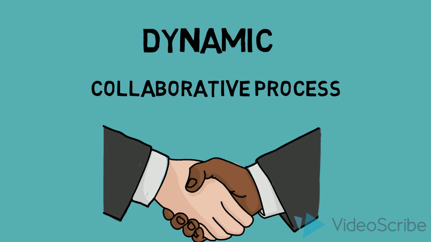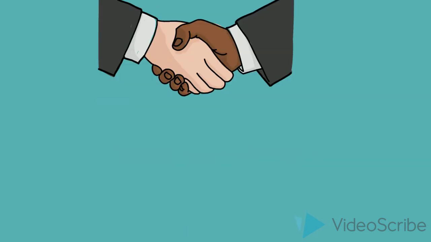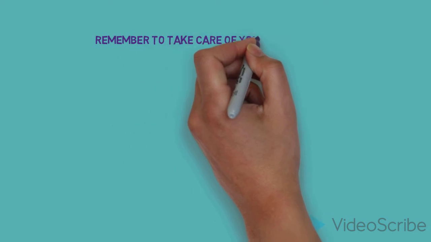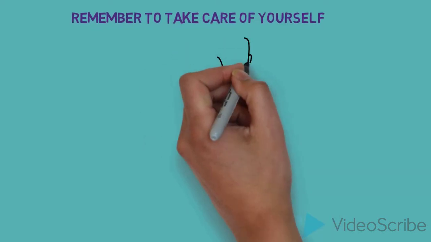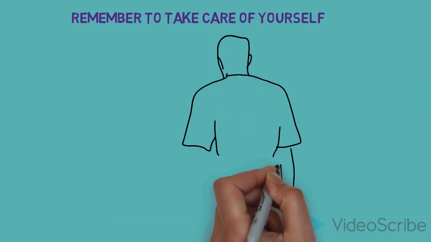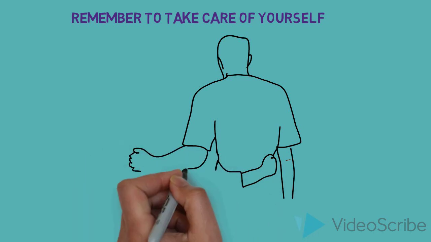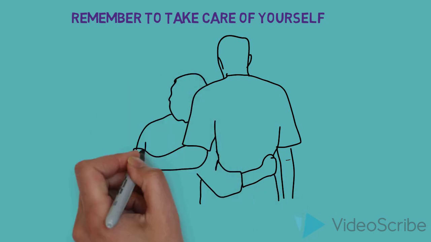Collaboration is essential to developing an effective safety plan. Remember to take care of yourself as an OT, as this process can be extremely stressful, and it is important to seek continuous support and supervision.